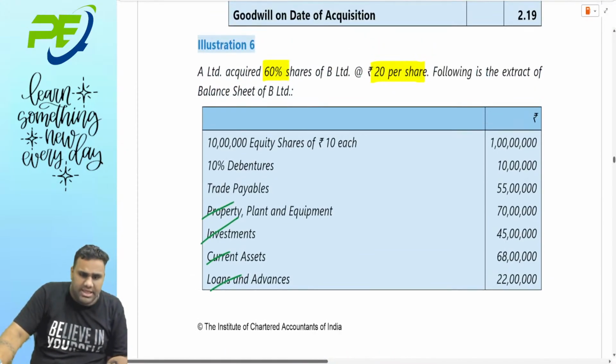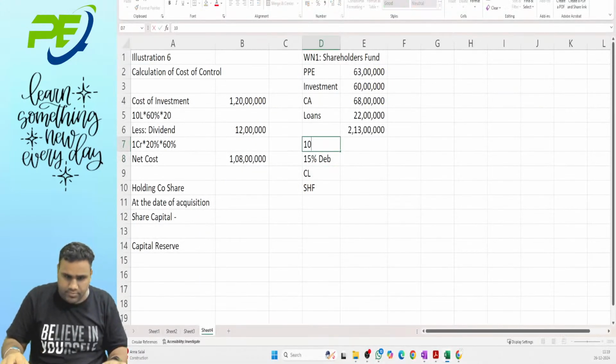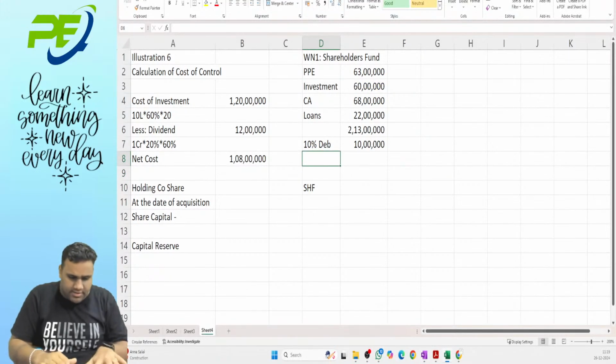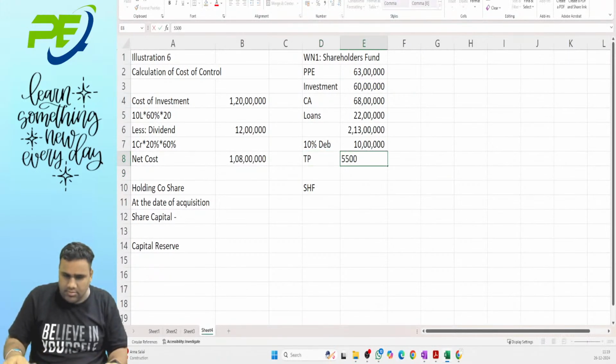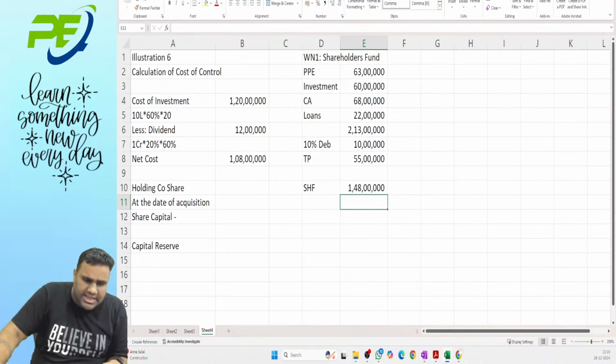Then any liabilities? Yes. 10% debentures, 10 lakh, and trade payables, 55 lakh. So shareholders fund will be 1 crore 48 lakhs.